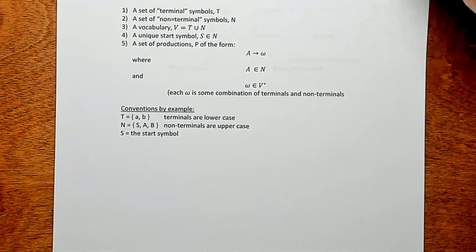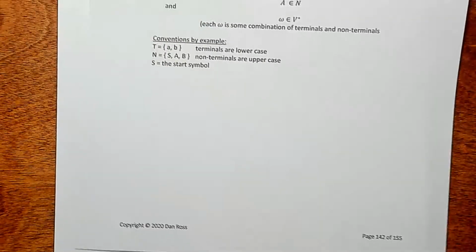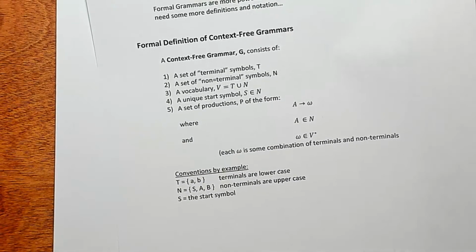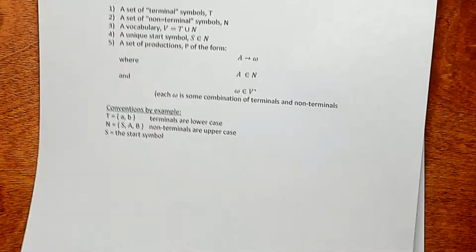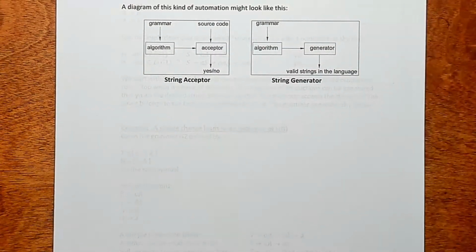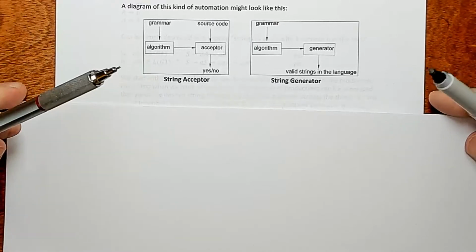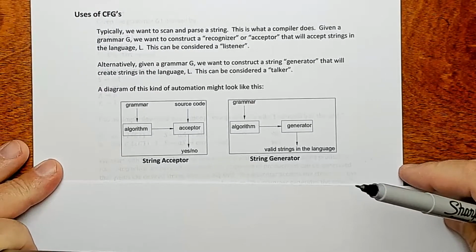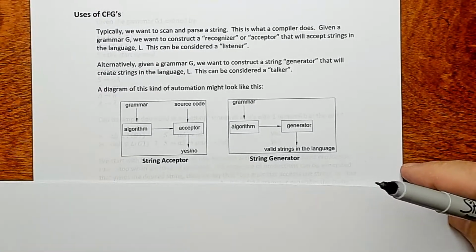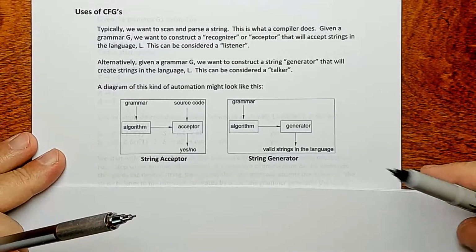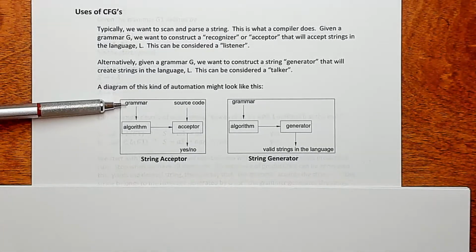So let's look at an example in a bit, but before we do that, if you were going to automate this stuff to create a string acceptor or a string generator, that might look something like this. So you'd start out with a grammar, right?